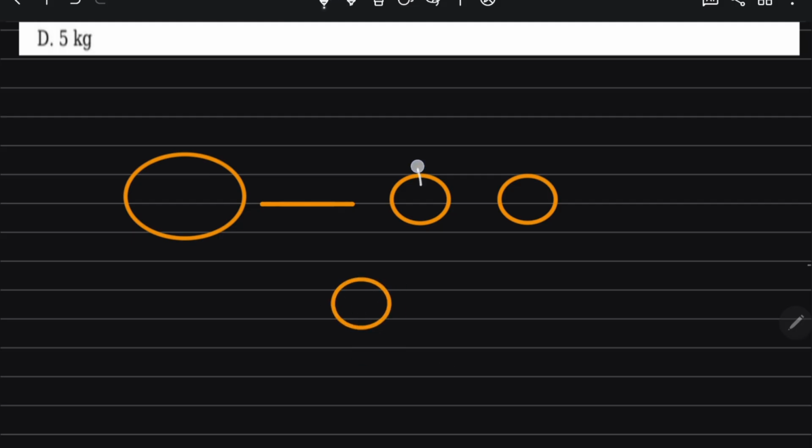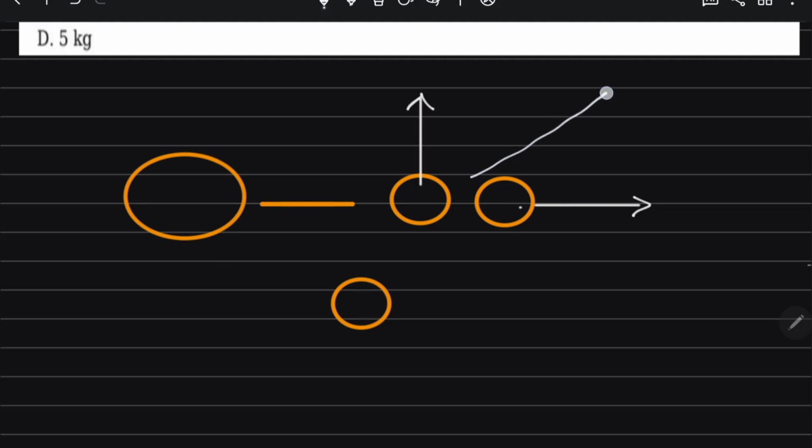So if they break into 3 parts, they move in this way: two definitely move perpendicular to each other, two vectors move perpendicular, and the third vector will move such that their net momentum is 0.